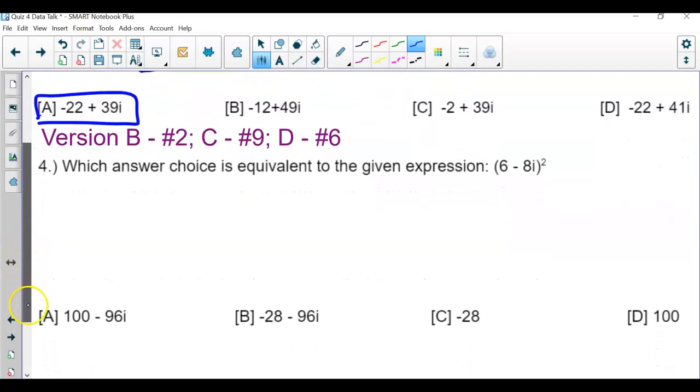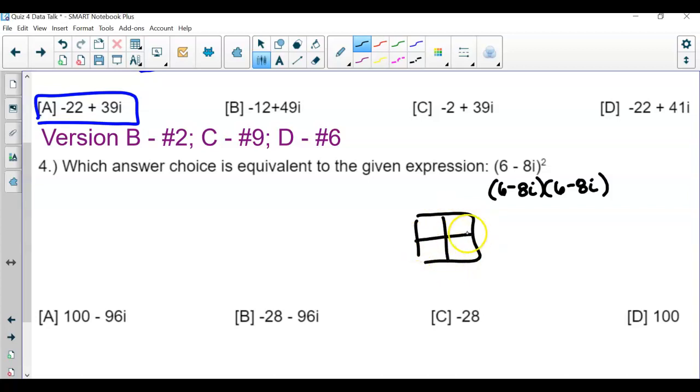Question number 4. Notice how this is the same as when we're solving this. This is 6 minus 8i times itself, 6 minus 8i. So now I'm going to set up the box. And here I've got 6 minus 8i times 6 minus 8i. And now we'll go through our area model. So 6 times 6 is 36, negative 48i here. Then in the bottom row, negative 48i. But negative times a negative is a positive 64. Then i times i is now i squared.